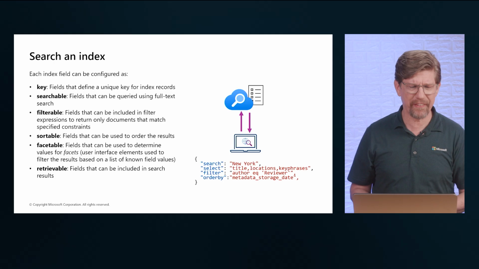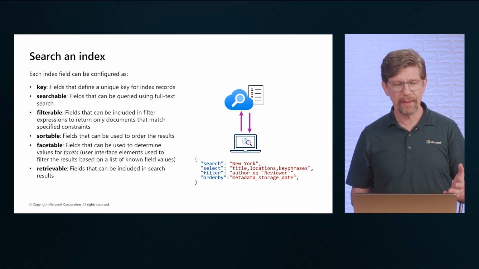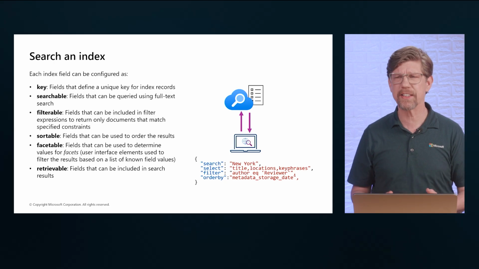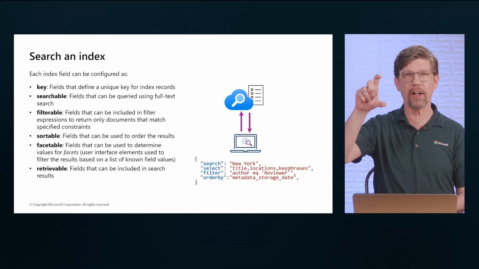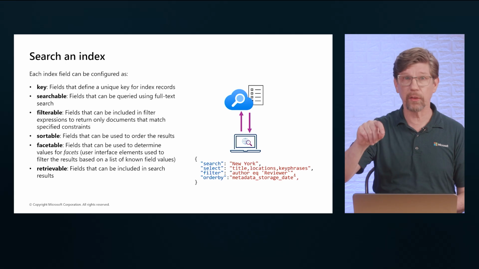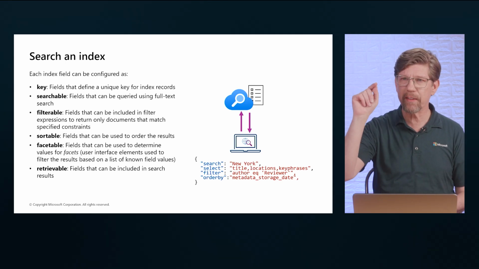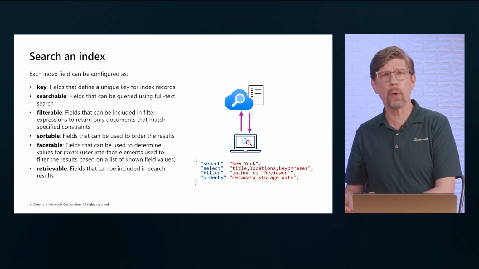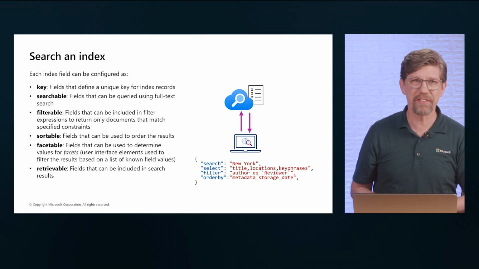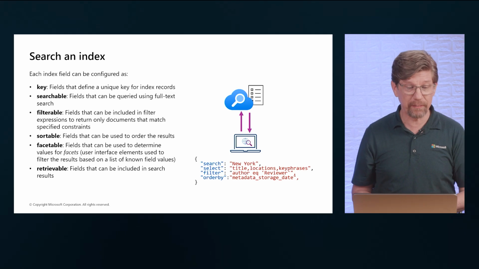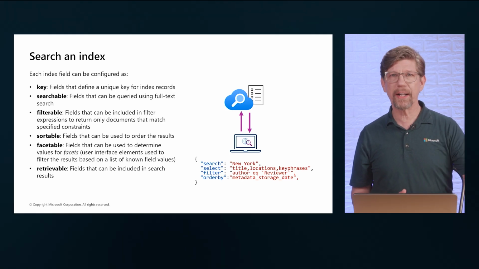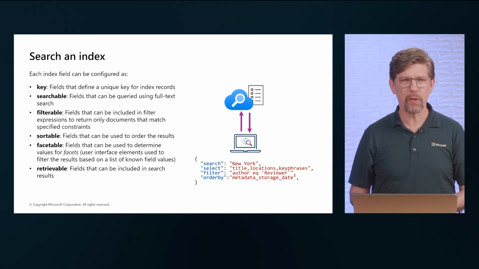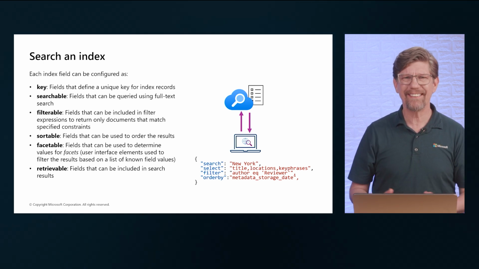Earlier, we just talked about the idea of facetable, right? Facets are typically used in user interfaces where I may have a list of facets like color or region, and just be able to check those items, kind of in a growth of the idea of filterable. And then finally, retrievable. When I am bringing this back, is it something that the user may see? So that's all part of building the index itself.